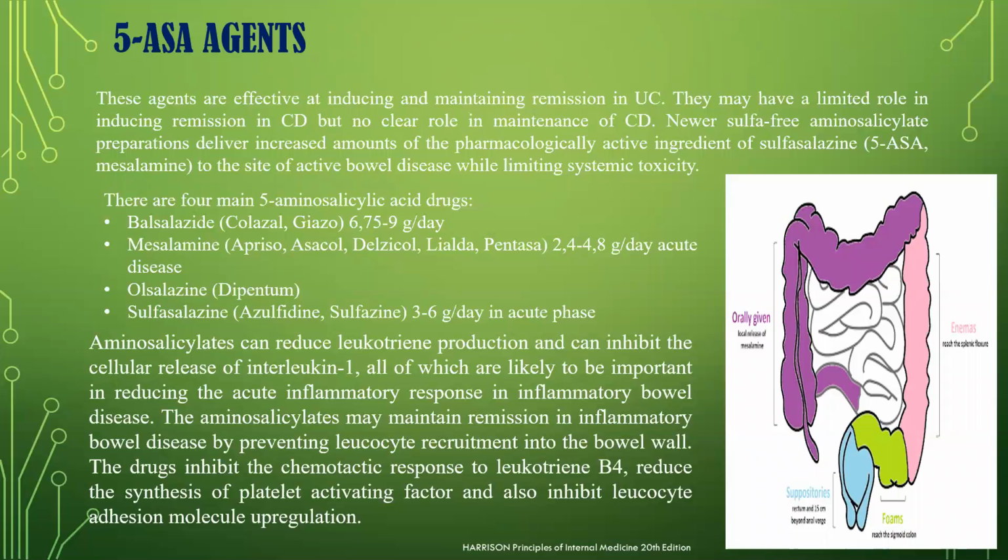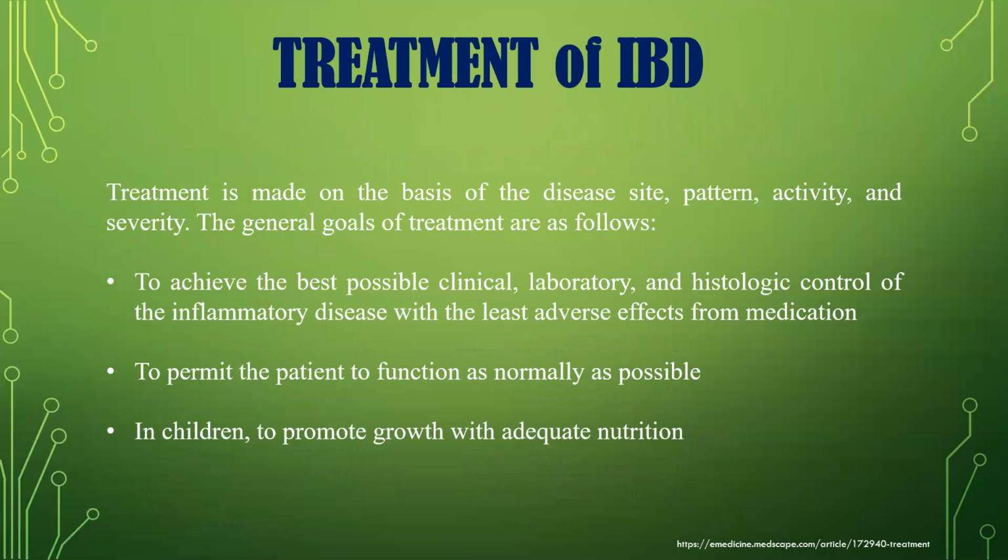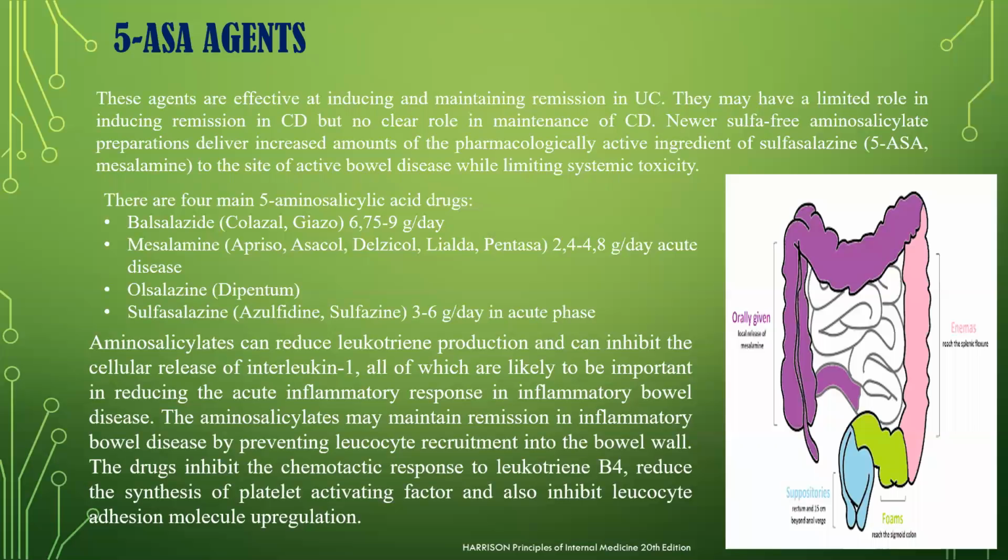For treatment, we use several types of drugs, and the start of therapy will depend on the disease site, pattern, activity, and severity. Aminosalicylates are effective at inducing and maintaining remission of ulcerative colitis.